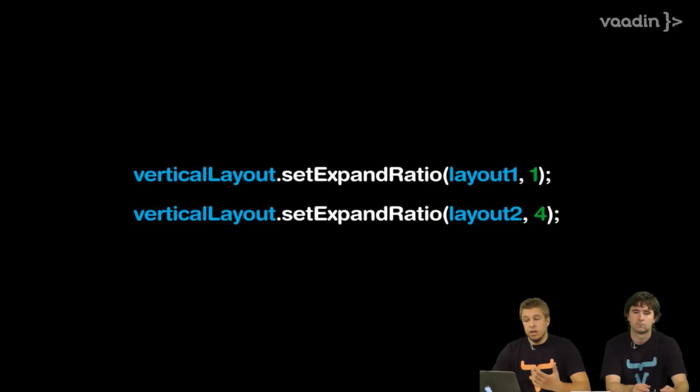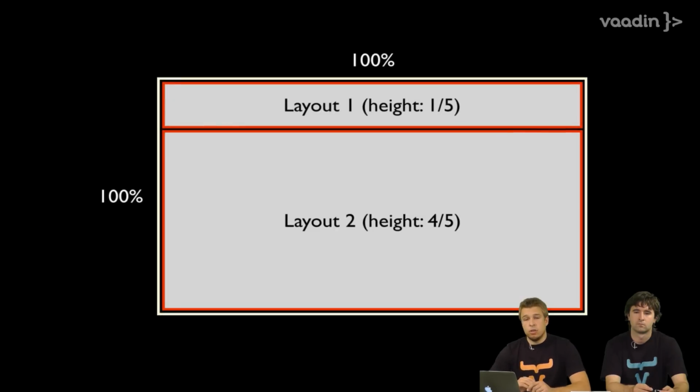So when defining, for example, expand ratio 1 for the first layout and 4 for the second layout, the end result is that we have 20% reserved for the first layout and the remaining 80% for the second layout. And of course, it's important to realize here that this extra space is available only because we made the parent vertical layout to have 100% size.